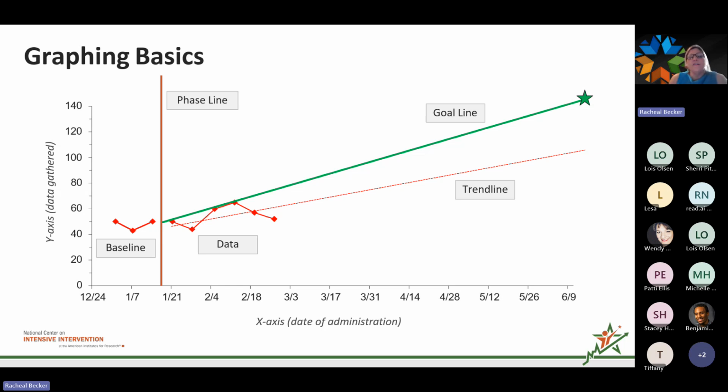A lot of the assessment programs have built-in graphing components, but luckily NCII does have a resource if you are using progress monitoring tools that do not have the graphing component built in, and we'll look at those in the coming slides.